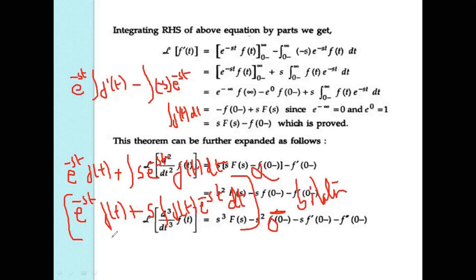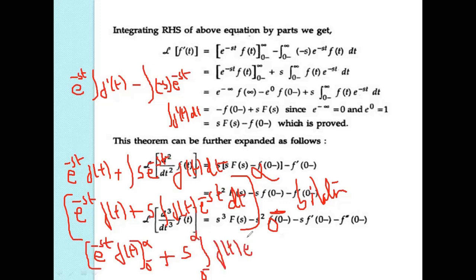Otherwise, I am taking here only e power minus st f of t with limits 0 minus and infinity, plus s into the integral from 0 minus to infinity of f of t e power minus st dt. I'm not applying limits here, I'm taking only the integration.